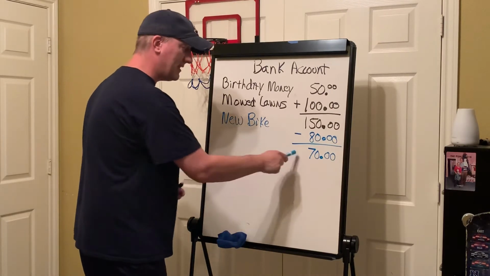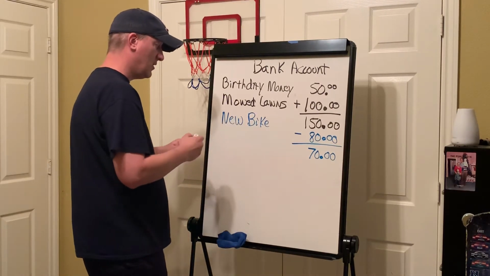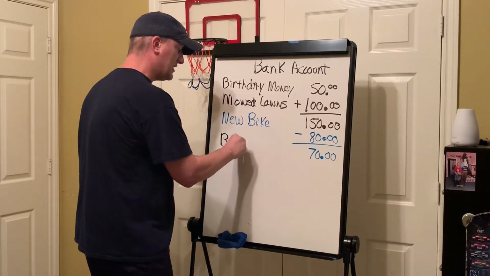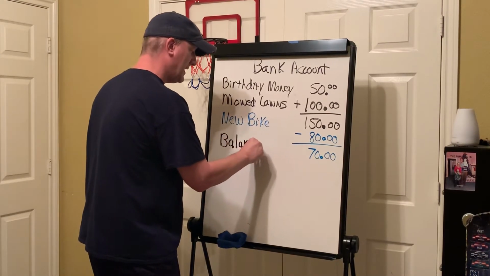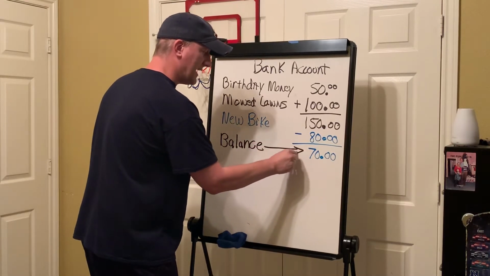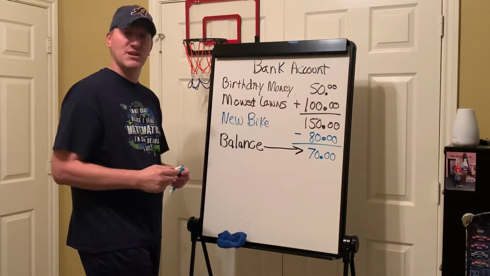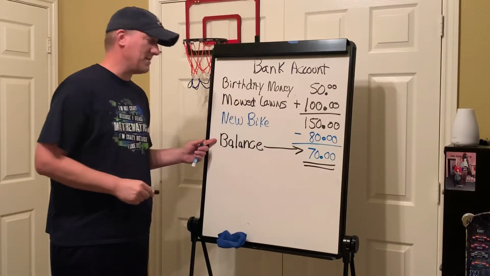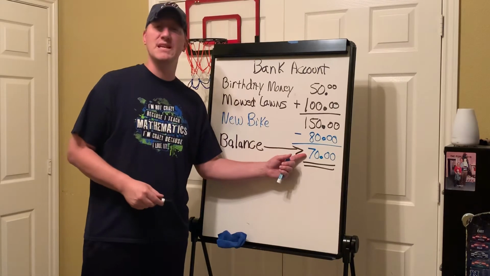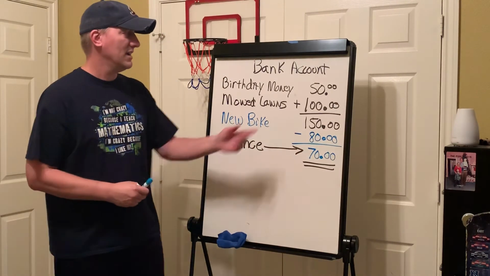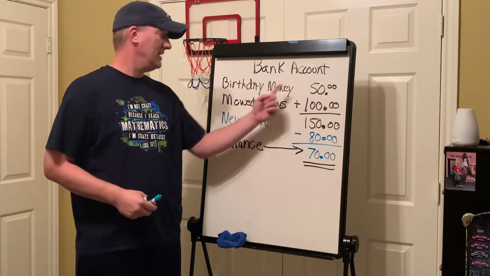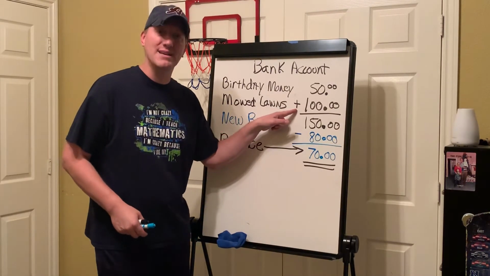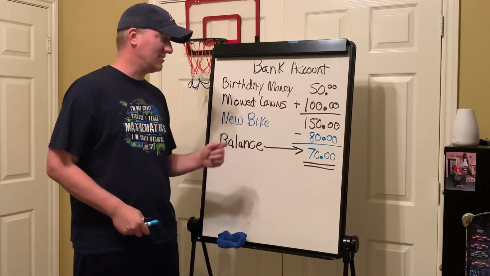What you're left with, we call it a balance. The money you're left with at the end is a balance. That's your balance. Okay? So you would say my balance is $70. My balance was $50. I mowed lawns and I deposited $100.